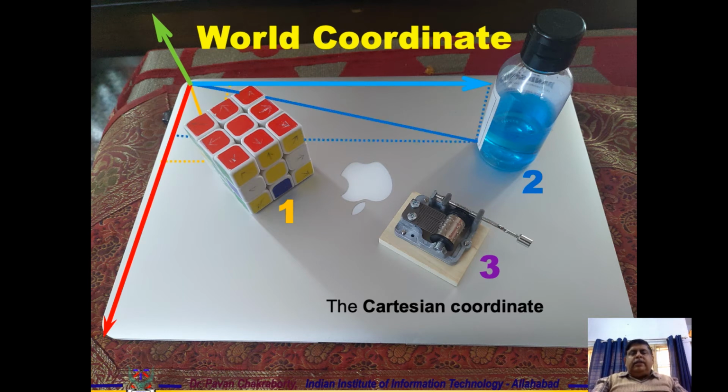Okay, so this is again getting the distance to my second object, which is in blue, which is a bottle of sanitizer. Now this bottle of sanitizer is a cylindrical object, so describing this bottle in a cylindrical coordinate seems to be the best way, but obviously its position in the world coordinates will be Cartesian.